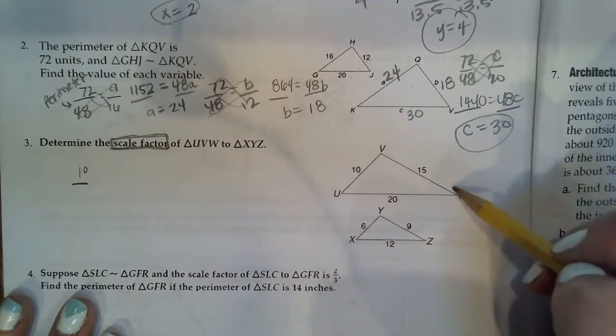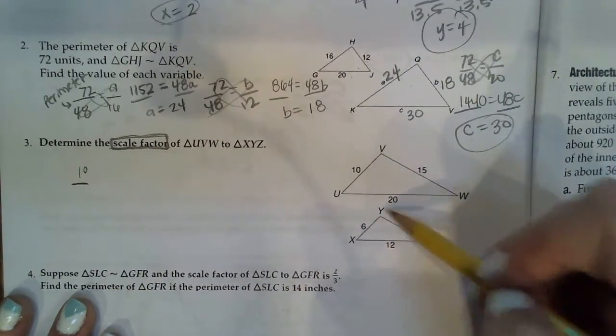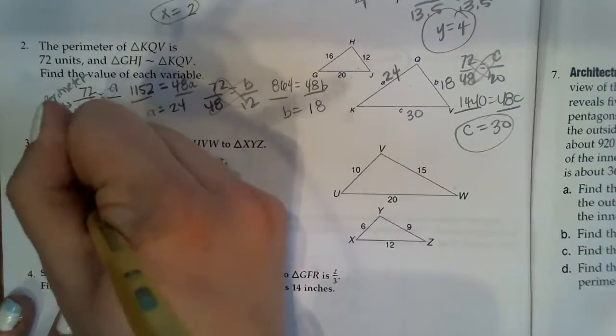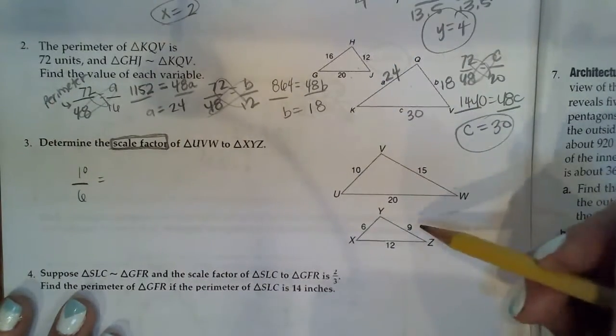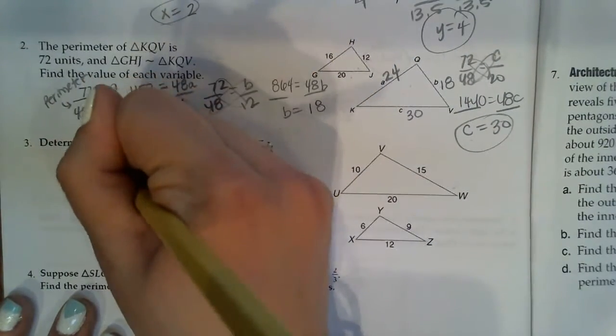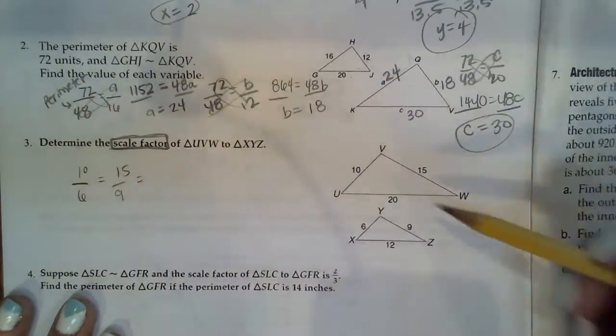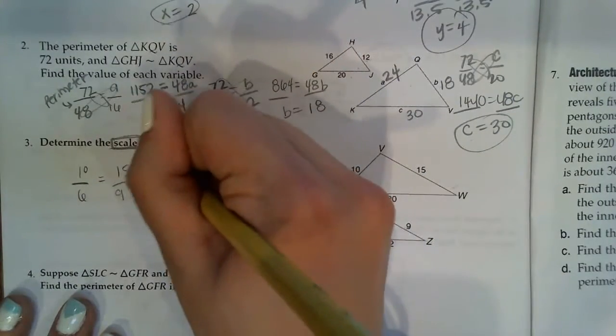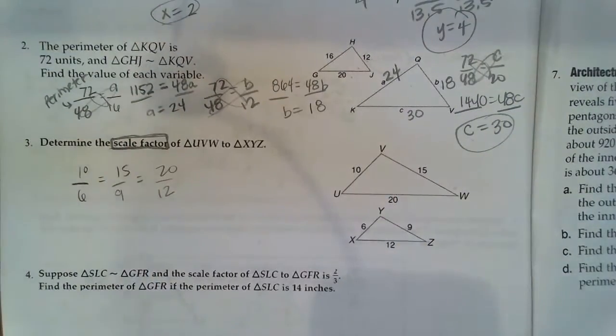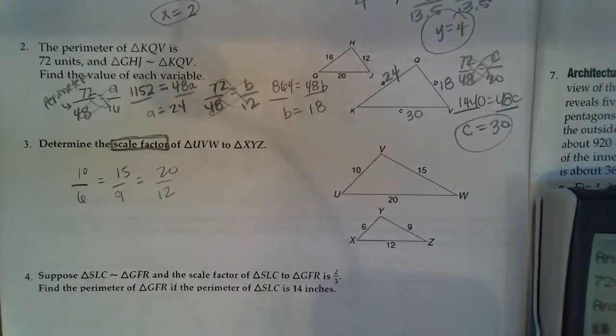I have u, v, w, and I have x, y, z, so I know 6 and 10 match up. I know 15 and 9 match up. And I know 20 and 12 match up. I'm going to double check that these ratios all are the same.